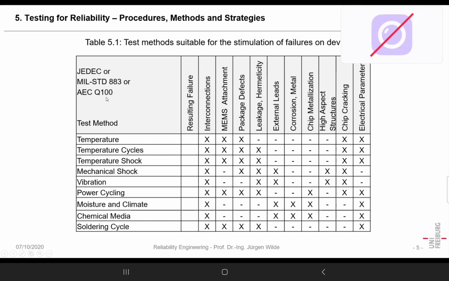Here we have the AEC Q100, which is for microelectronics. But again, it's nothing really new. When you look at the AEC Q100, you can say, okay, there is much similarity with JEDEC and also with the military standard. So in some way they adapted these standards first for the civil area and second specifically for the automotive area.